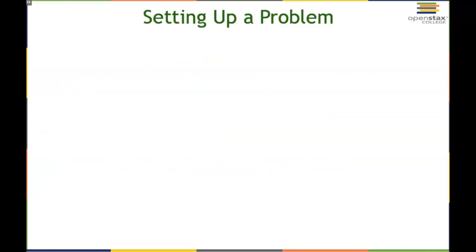When setting up a problem, it's amazing how much information you can get out of a simple statement. Let me give you a statement. H0 is mu is greater than or equal to 5, and HA is mu is less than 5. Here's what I can get out of that small bit of information. Number one, the test is a single population mean.